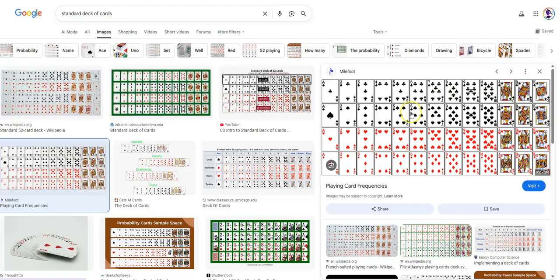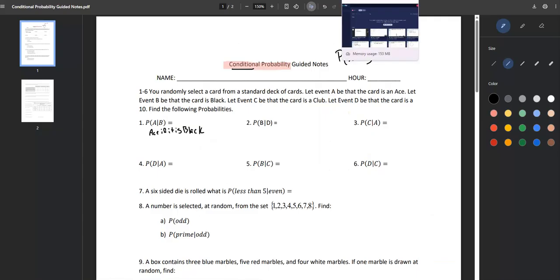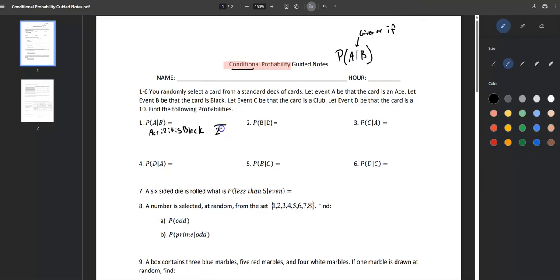If I'm looking at just those 26 cards, what's the chance of getting an ace? There are 2 of them. So this would be out of 26, because there are 26 black cards, and 2 of them are black aces. This is the black, and this is the aces and black, like the intersection. That would be my answer, or you could say 1 out of 13, or do it as a percentage if you'd like.